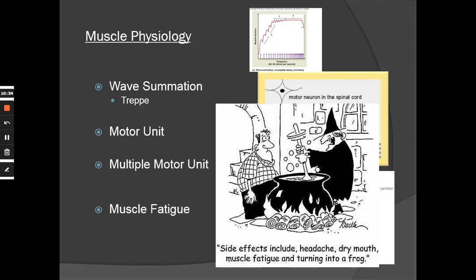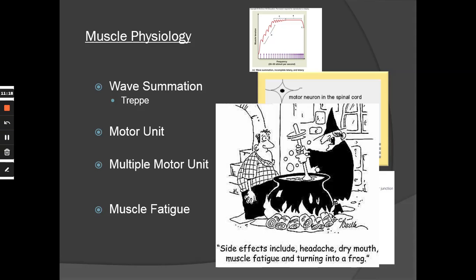A second reason is that ionic disturbances interfere with calcium release from the sarcoplasmic reticulum. So let's think about that. We know the process. We know that calcium must be readily available in order to bind to the troponin, therefore move the tropomyosin, therefore uncover the binding sites, the active sites on the actin, and allow for that cross-bridge attachment of the myosin heads to the actin, and therefore cause that muscle shortening, that contraction.